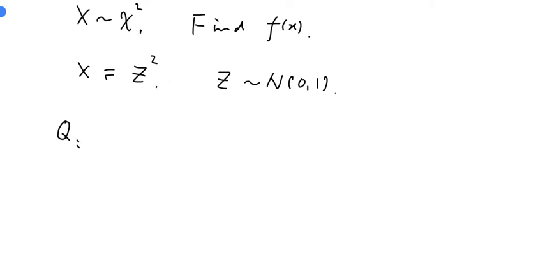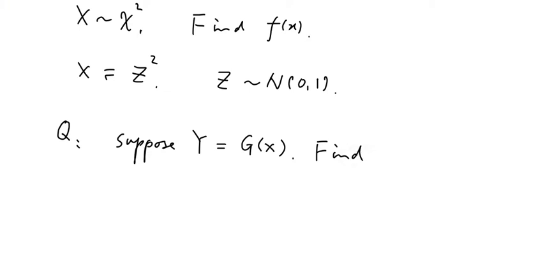We know a random variable X, and then we want to find Y. Suppose Y equals g(X). This random variable Y is a function of X. So we know X, then find the density function for Y, or find the distribution of Y. For such a problem, it should not be so hard. So we can check those kinds of problems.